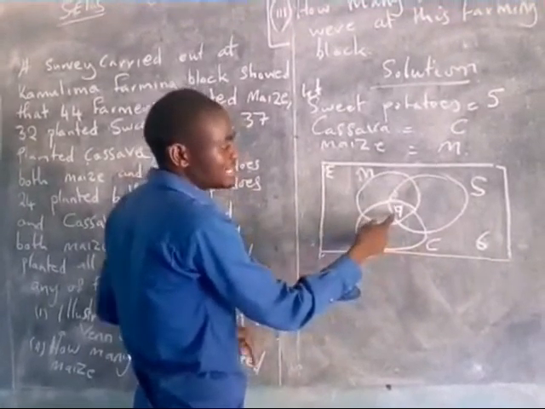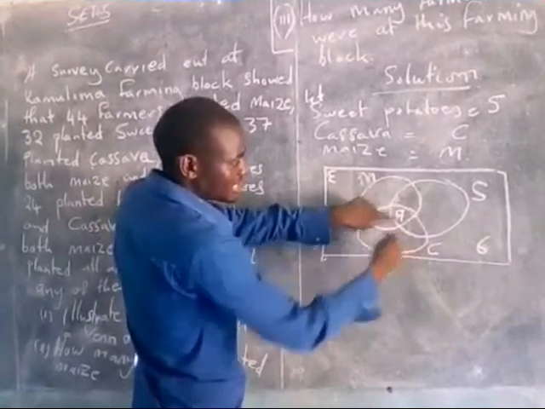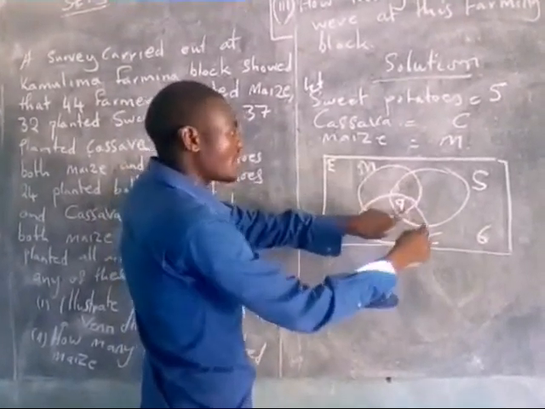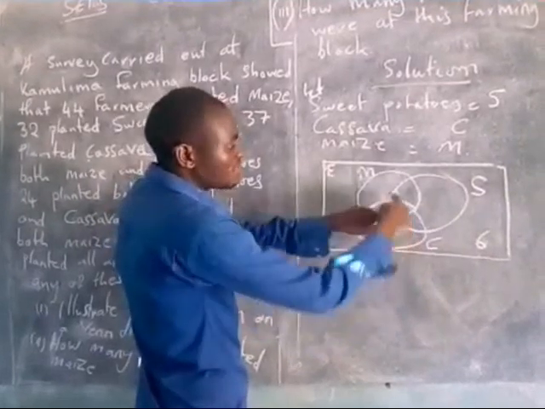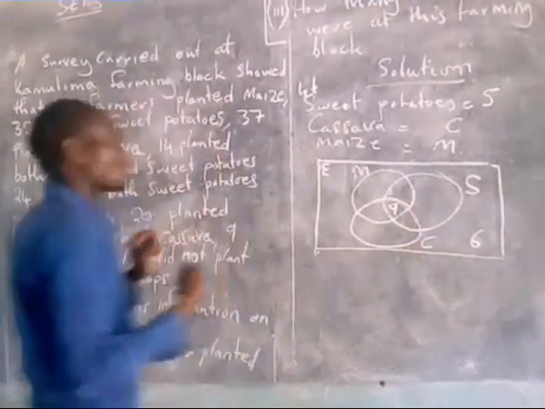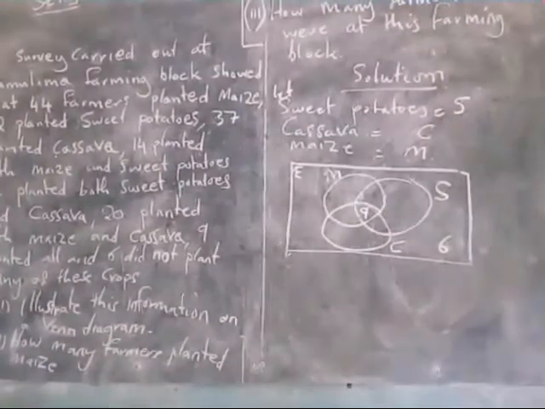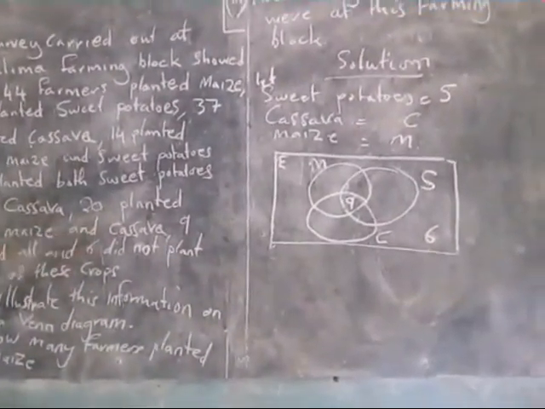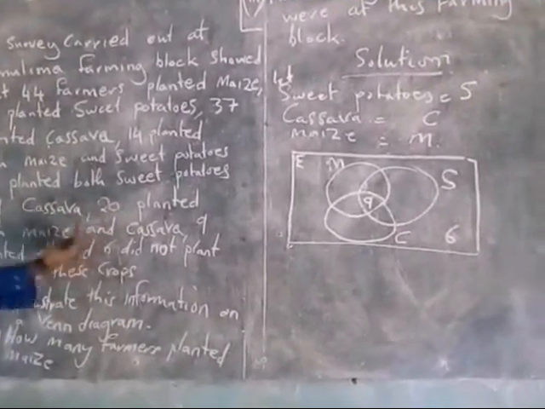Which means these 9 people are found in the set of maize, in the set of sweet potatoes, and in the set of cassava. We'll write the 9 there. Then we continue, going backwards.